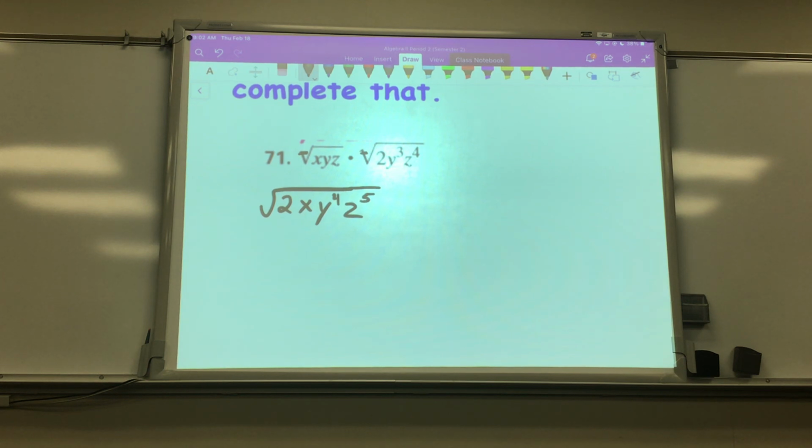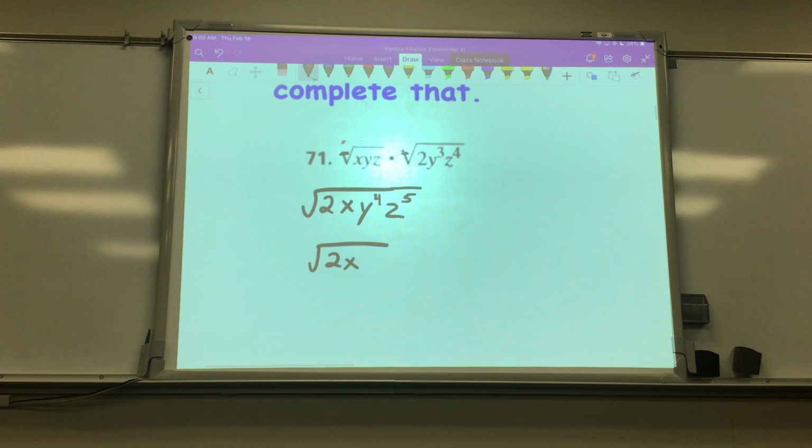After you do that multiplication, we gotta make sure there's no perfect squares in there though, right? Basically, if it simplifies, we need to simplify. Nothing's gonna come out with the 2, nothing with x, right? How many y's come out? Okay, so y squared. So remember, power divided by index, right? 4 divided by 2, 2. No remainder.